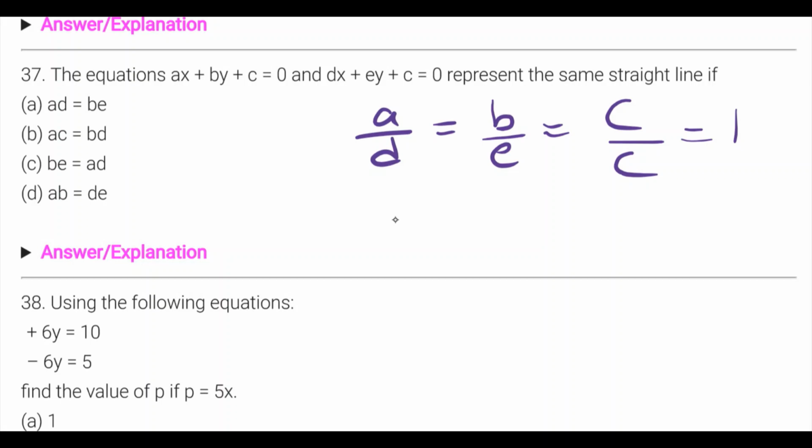Now don't try to equate these two equations as I said earlier. First equate these two and then these two.